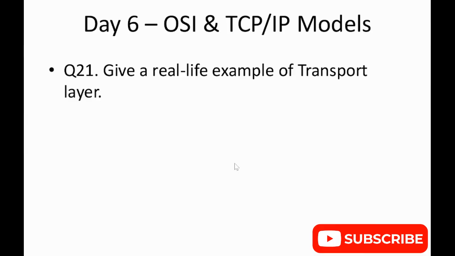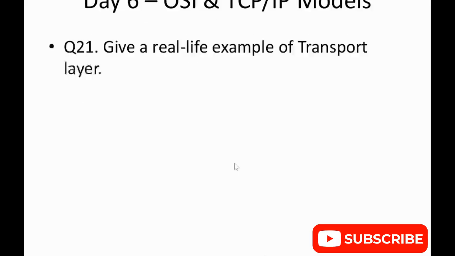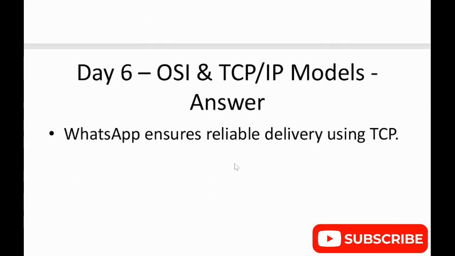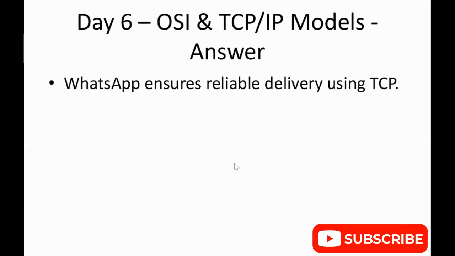Give a real life example of the transport layer. As already discussed, the example of a WhatsApp message. WhatsApp ensures reliable delivery using TCP.